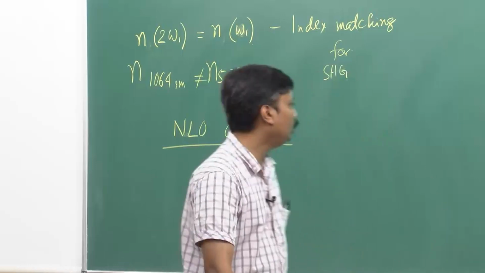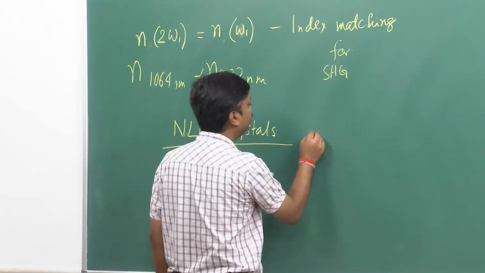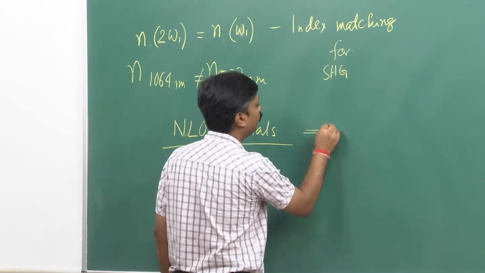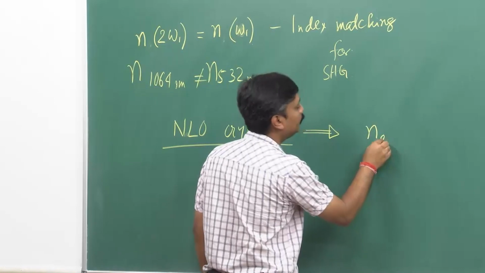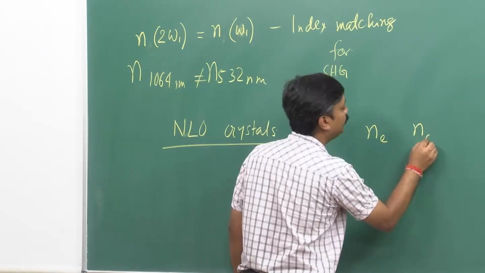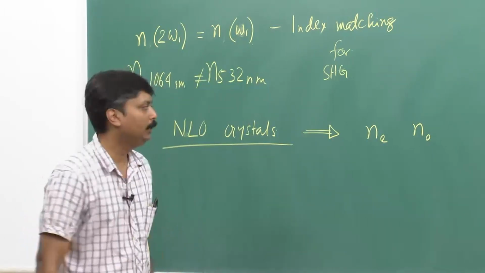These birefringent crystals have two refractive indices, described as NO and NE.